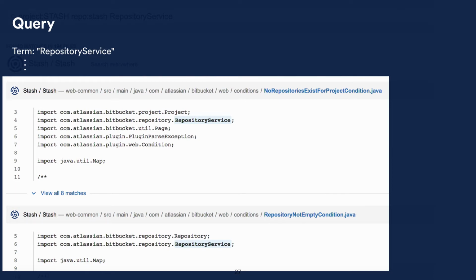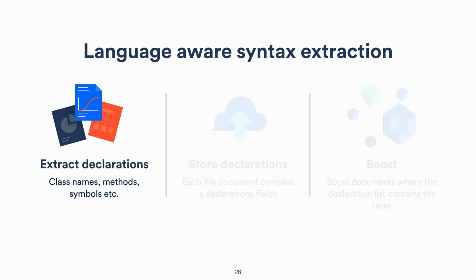So to improve that use case, we added something to Bitbucket Cloud code search that we call language-aware syntax extraction. It's a bit of semantic search, if you will. So what we do is, for every file that we index, we parse that file if that file is in a set of supported languages and extract declarations.